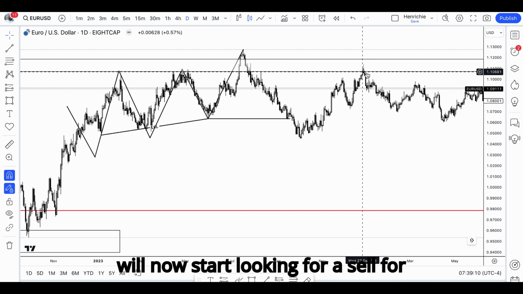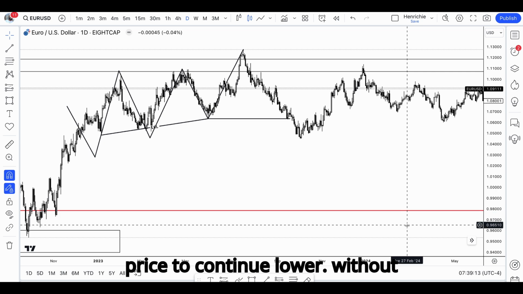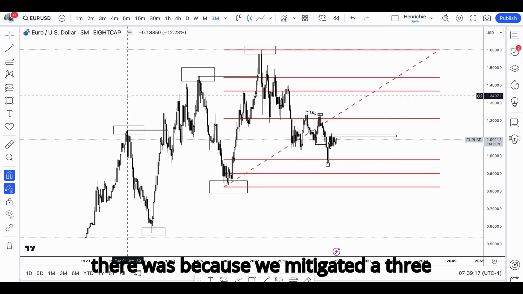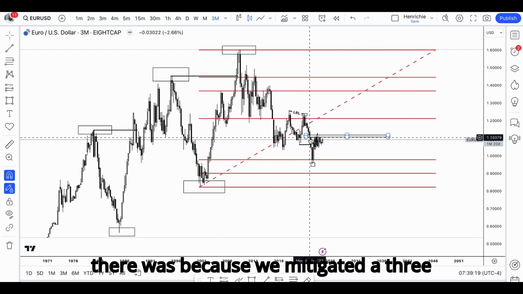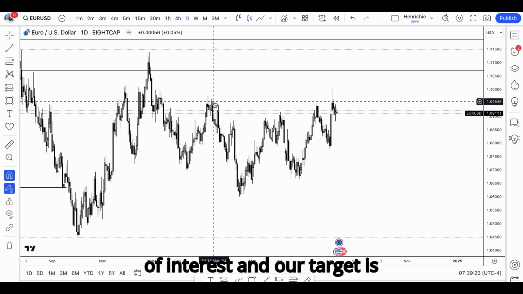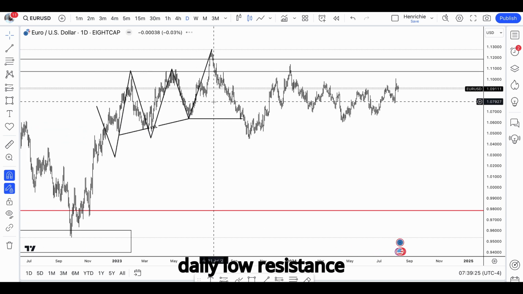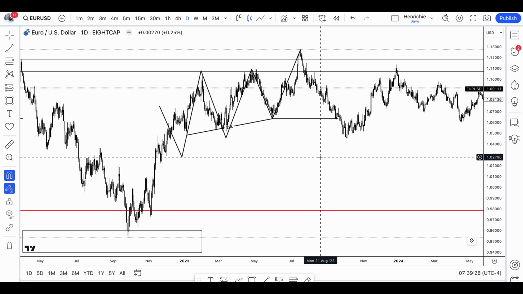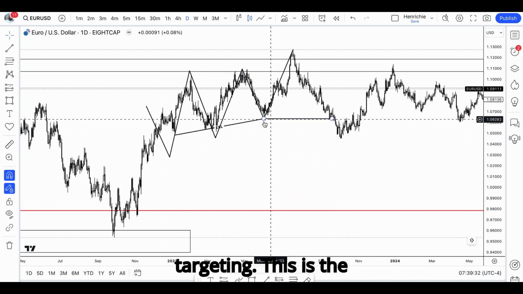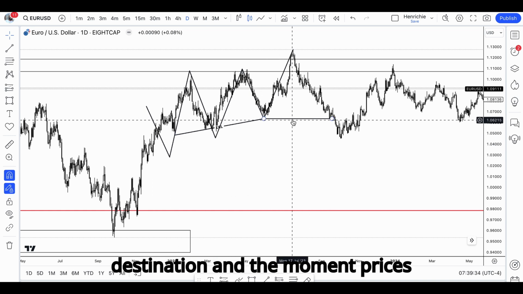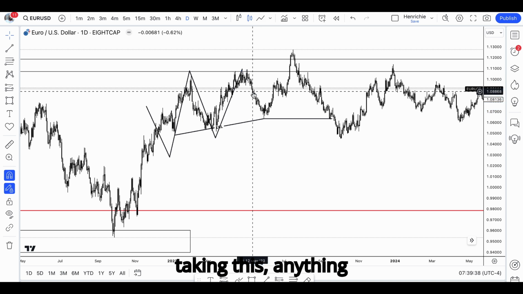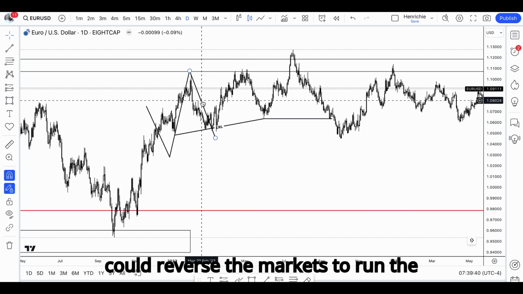Traders will now start looking for a sell for price to continue lower, without understanding the reason why we came down there: because we mitigated a 3-month inefficiency, 3-month point of interest, and our target is daily low resistance liquidity. That is what the market was targeting. This is the destination.